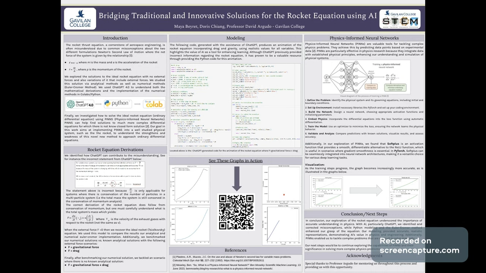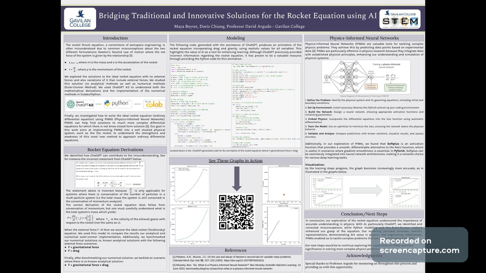The numerical solution was the Euler-Cromer method, which uses the initial velocity at the start of a time interval to calculate the velocity at the end of that time interval. This gives a very, very close but not entirely accurate calculation for the velocity. And then the analytical solution would be the one based on a derived equation to calculate the velocity at any given time.